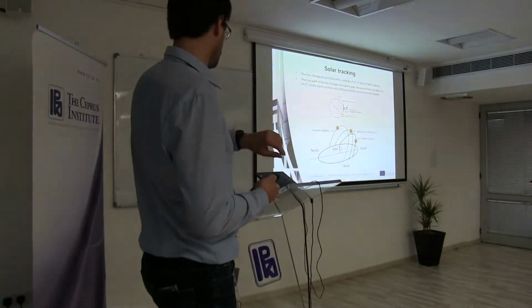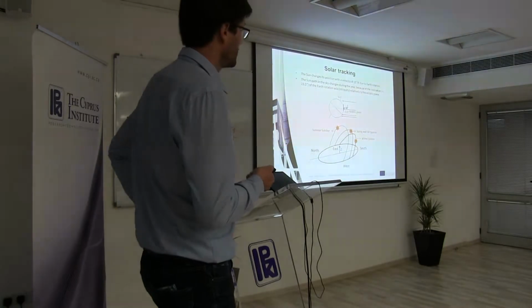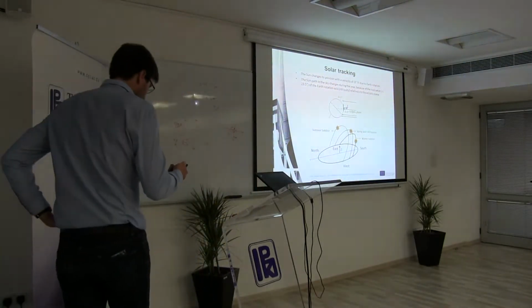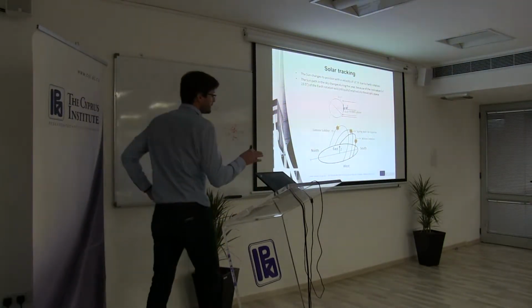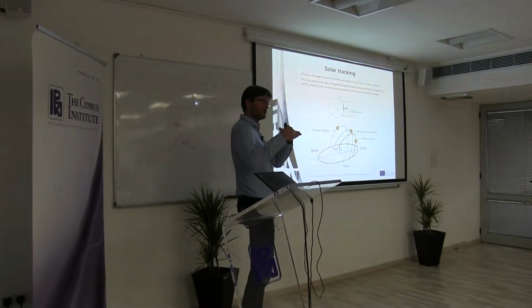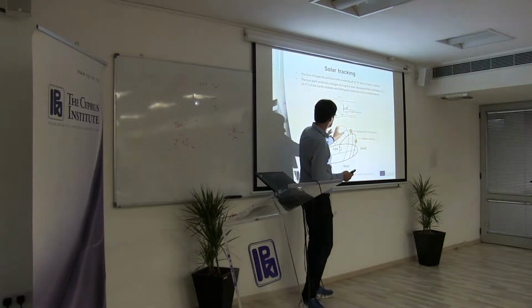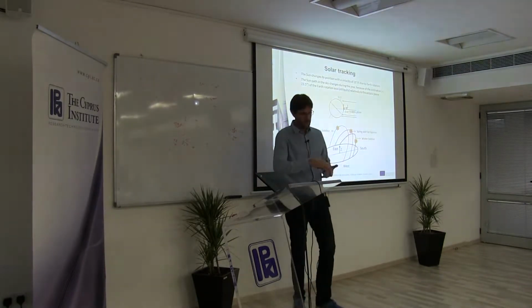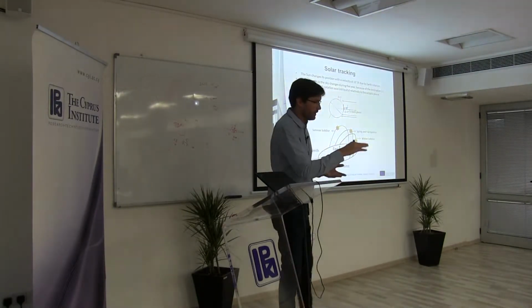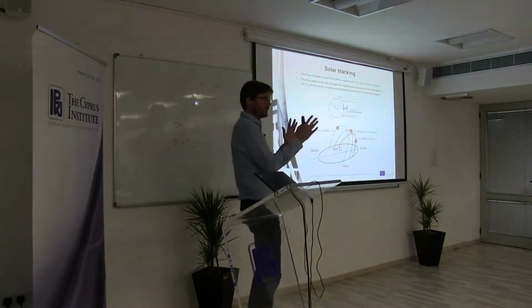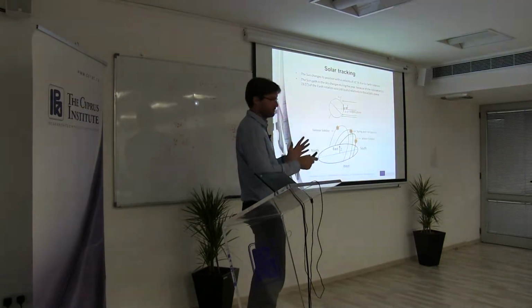Okay, so let's talk a little bit about the solar tracking. You know that in the north hemisphere we see the sun moving along the year, but for us on the southern hemisphere, okay.